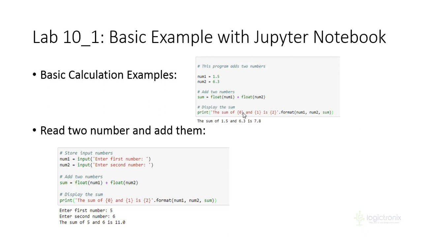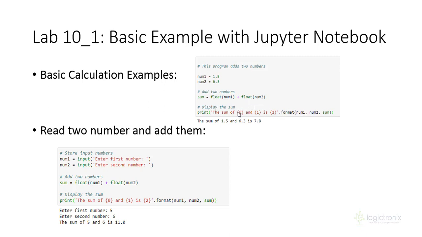While printing, num1 will be printed at the 0th position, and the 1st and 2nd positions correspond to the second and third, printed in the corresponding positions. So num1 is 1.5, num2 is 6.3, and the total sum is 7.8.